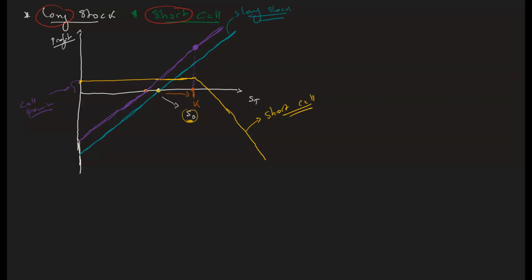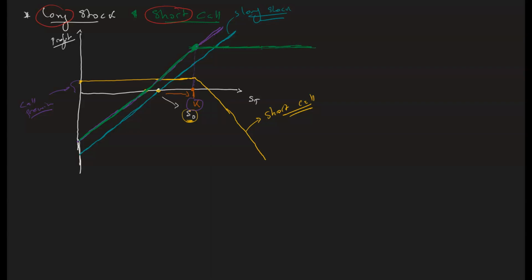And so if it is exercised, all I have to do is to sell my stock that I currently own at the strike price, and therefore by selling, I'm essentially capping my gains on this stock at this value, which is the strike price. So my gain is therefore going to be capped at this value, which is going to be my strike price. And so my overall profit position is going to be what I have here, which is my current long position in the stock, all the way to a point where this call can be exercised. And as soon as the call is exercised, my profit position is level.